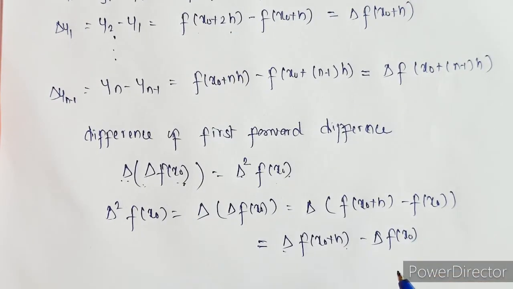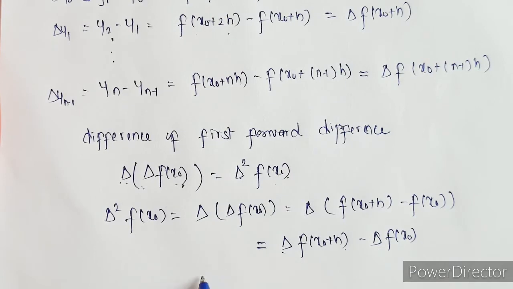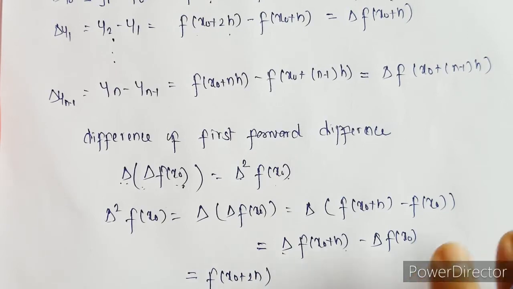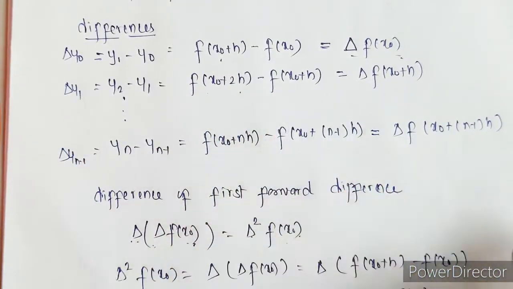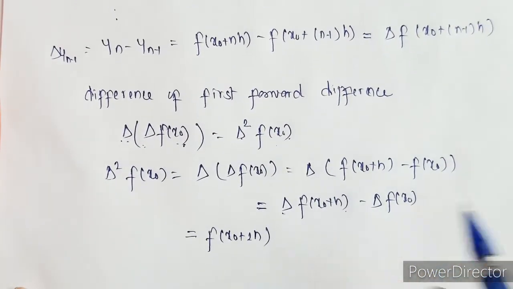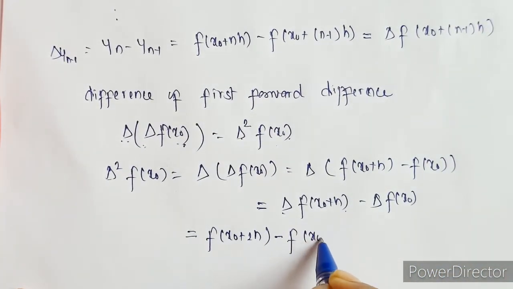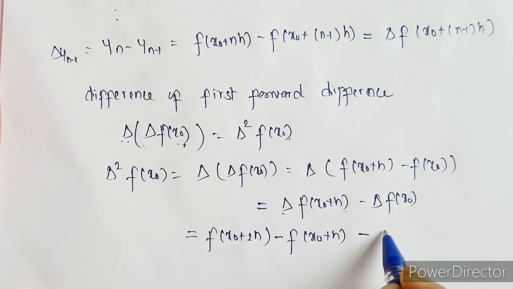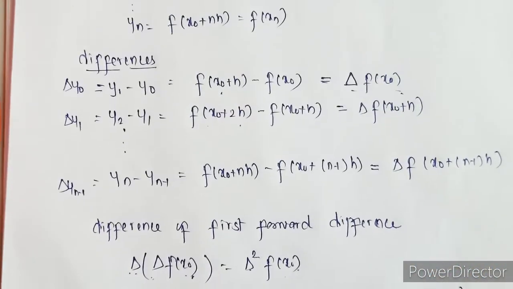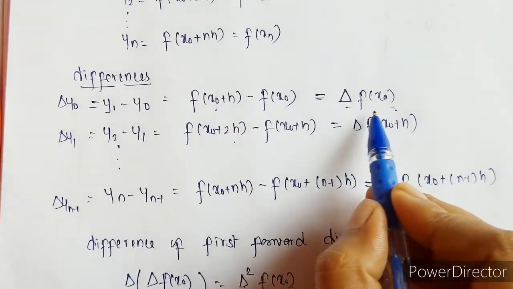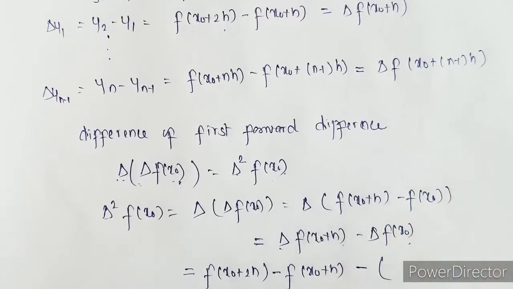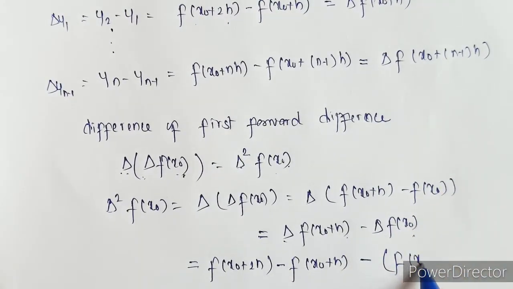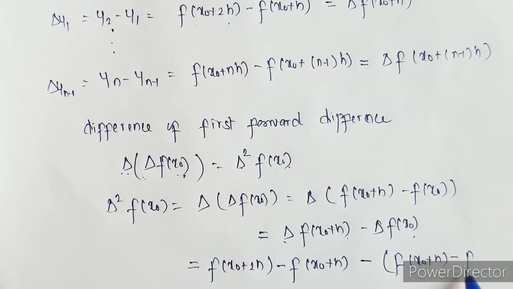Now forward difference of f of x naught plus h is nothing but f of x naught plus 2h minus f of x naught plus h, minus the first forward difference of f of x naught, that is f of x naught plus h minus f of x naught.